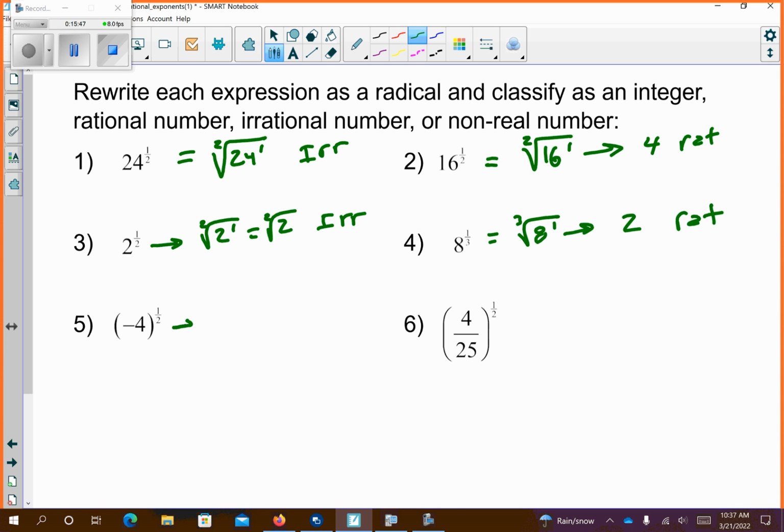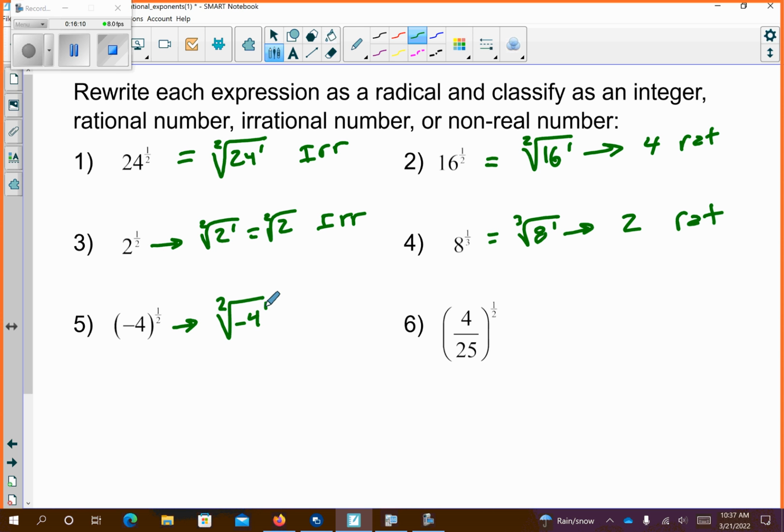Notice I have this in parentheses. So this means the square root of -4 to the first. What number times the exact same number would give me -4? -2 times -2 is +4.